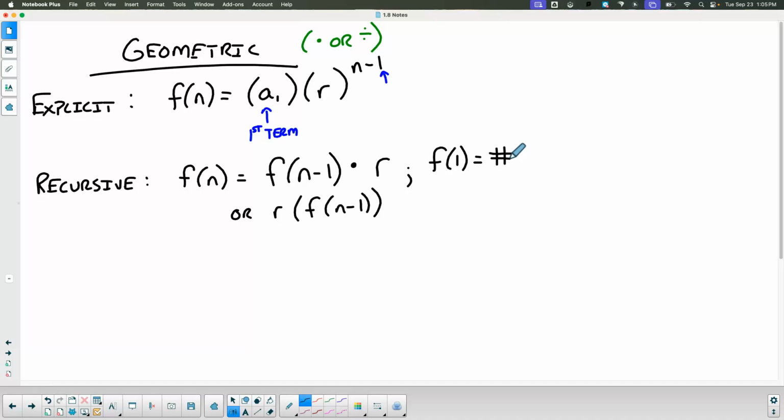Let me give you an example of that. So if we have 6, 42, 294, 2058, and so on and so forth. My explicit, well, first off, I'm multiplying here by 7.